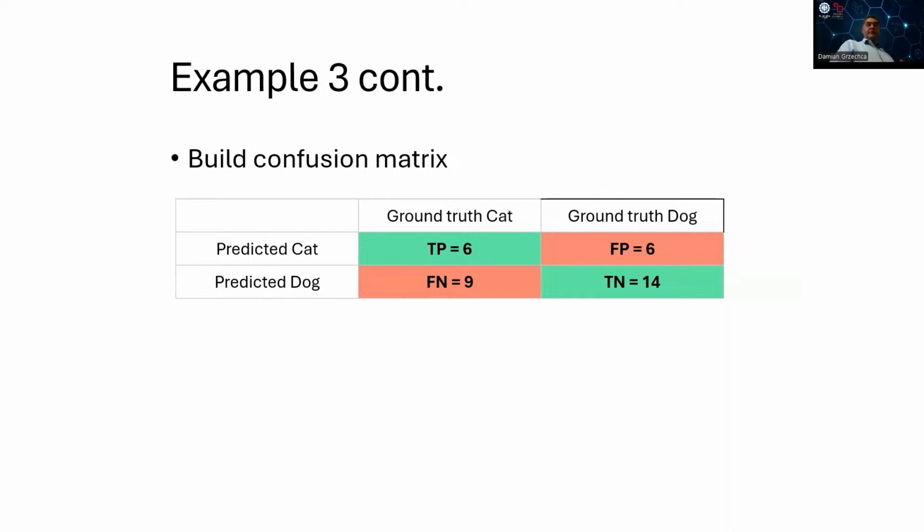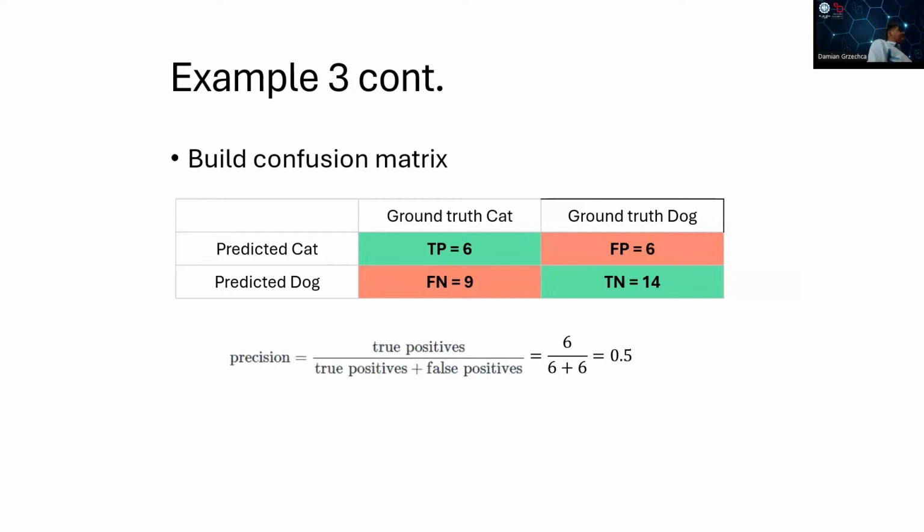It is true positives divided by true positives plus false positives. That's the precision. So the precision is 0.5, because it's 6 divided by 12.